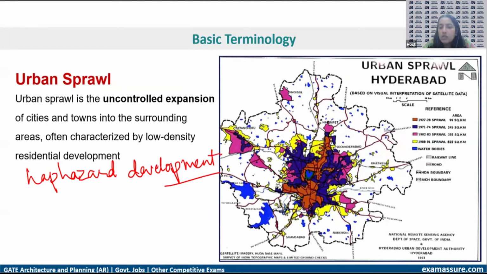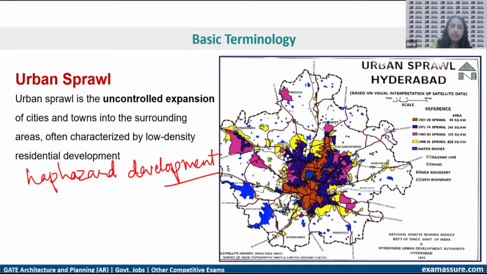Now, what is the difference between urban sprawl and urban fringe? So the main difference is that the sprawl is an expansion of urban area into the fringe, right? Whereas fringe is more of the transition zone. So urban sprawl is happening within the urban fringe. Is it clear?